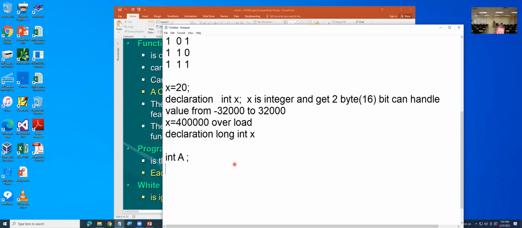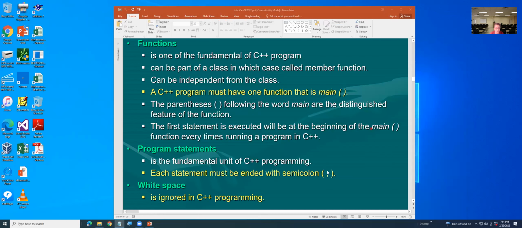Or you can say A equal B plus C. Then you get the error too, because you're missing the semicolon. Okay? So that's why any statement in C++ must end with a semicolon.